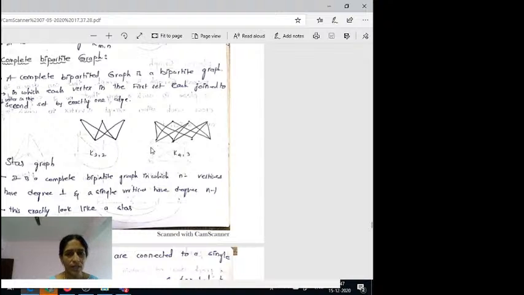Coming to another graph, that is a star graph.